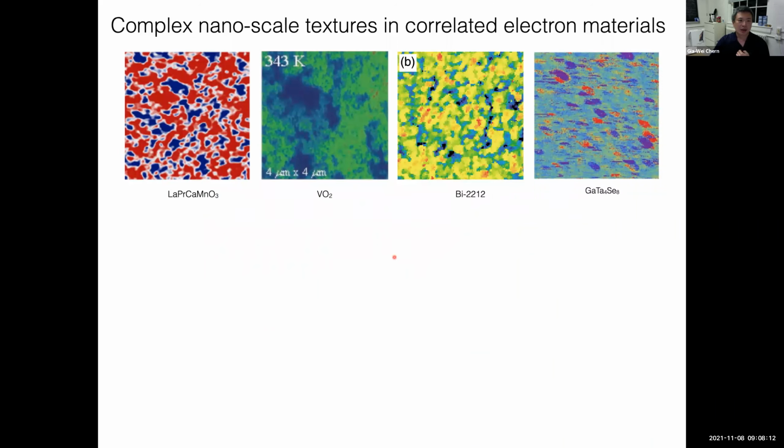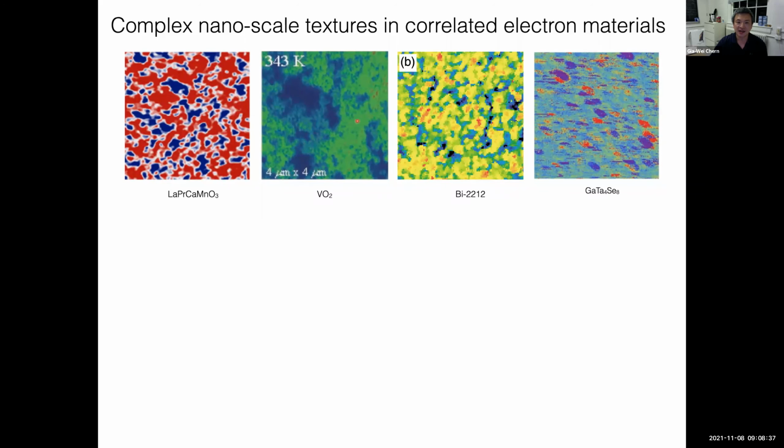First, compressed nanoscale textures are ubiquitous in correlated electron materials. Here I show some canonical examples. For example, this is an MFM image of the phase separation in this manganite material. Here the blue and the red regions represent the insulating CDW domain and the metallic domain, respectively.